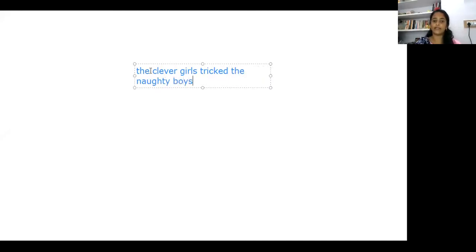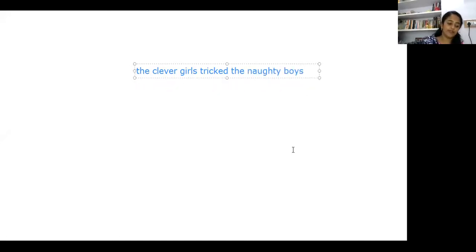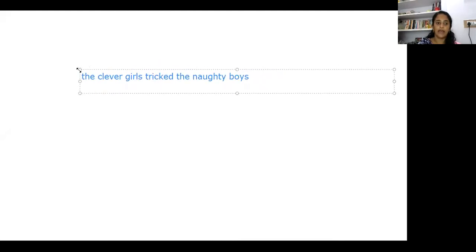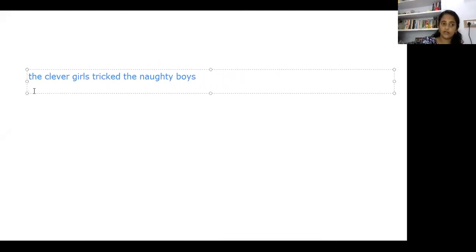So that is a sentence that we have, and let's analyze it in terms of morphemes. If I have to analyze this in terms of morphemes, I can say that this particular sentence can be broken down into the plus clever plus girl is one morpheme.